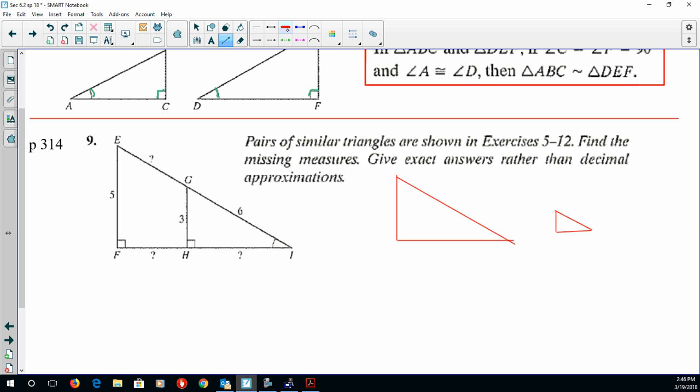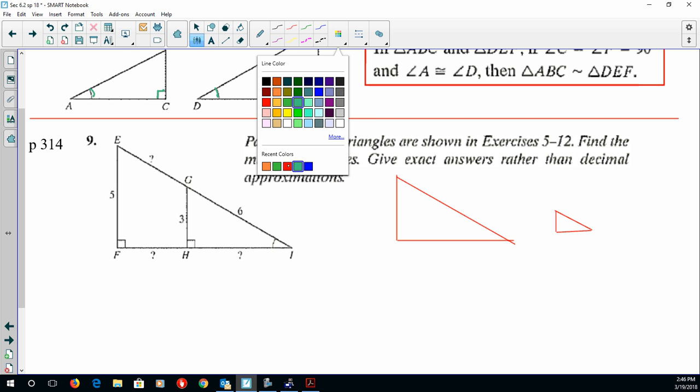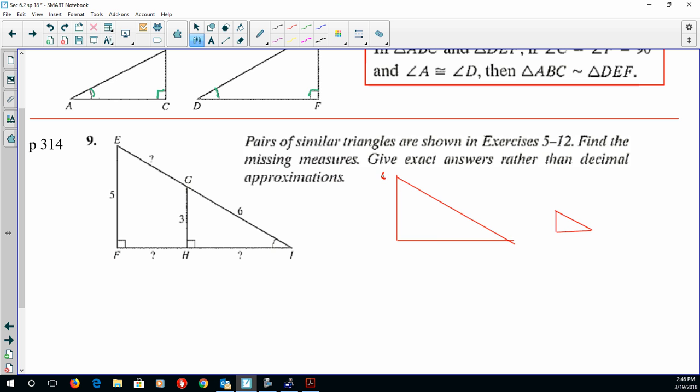Okay, this is E, F, R, and G, H, I. Both of these are right triangles, and they share this angle of I. So that means they are similar.